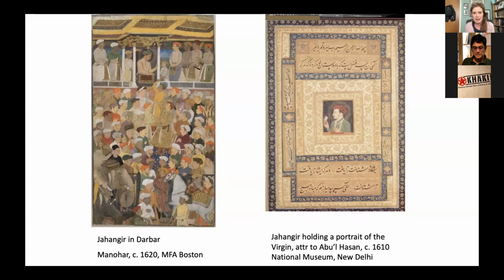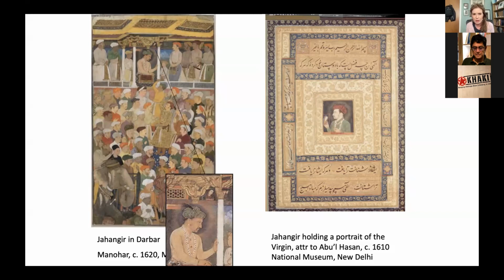So in this magnificent darbar scene of Jahangir, dating from around 1620, you can see how just within that very special space of the throne charoka, we see this tiny motif of the Madonna looking down on this great darbar scene, so really closely associated with Jahangir.